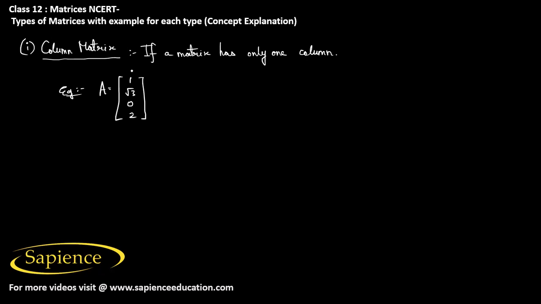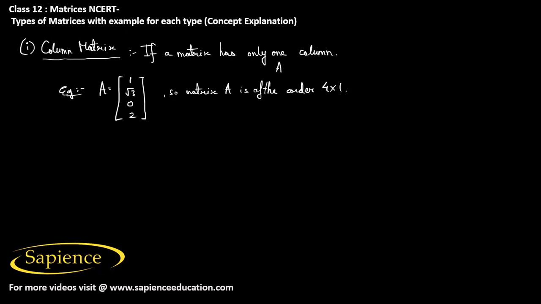So it has one column and 4 rows. So this matrix A is of the order 4 cross 1.